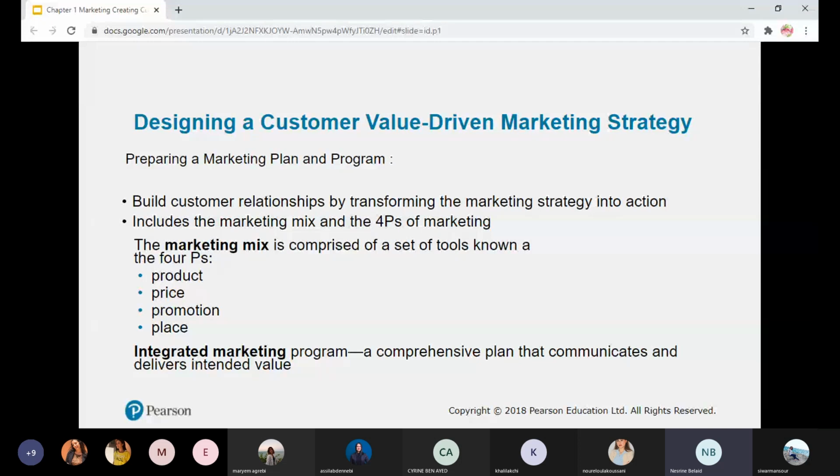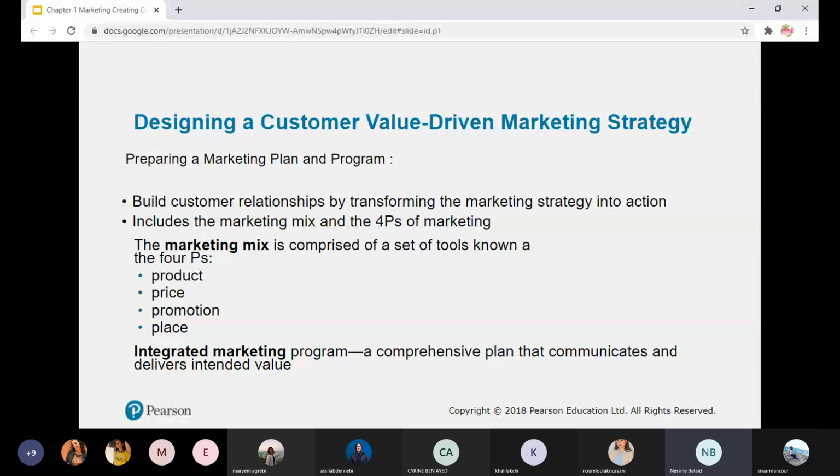We have to have this plan to communicate, to talk about our product, to make our product known by our target customer. That means what advertisement we will use, how we are going to talk about our product, how we are going to do the communication strategy, etc.